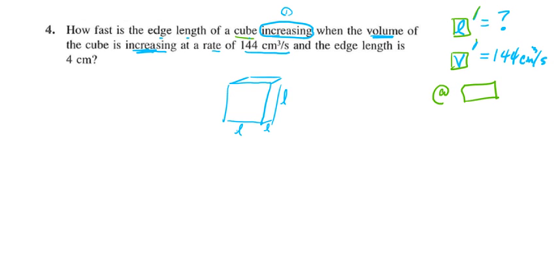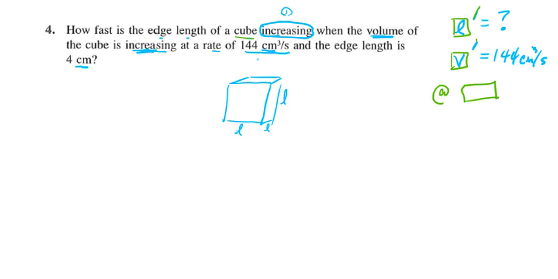Now, I don't usually write the units, but I want to show you that the units have to line up in the question. You may be given something wonky where you've got centimeters here and meters there or something. So you just have to be aware of that. So I'm going to write out the units here for this one. So at what stage are we determining this instantaneous rate of change? At what instant in time?